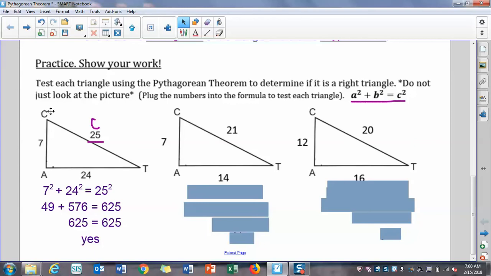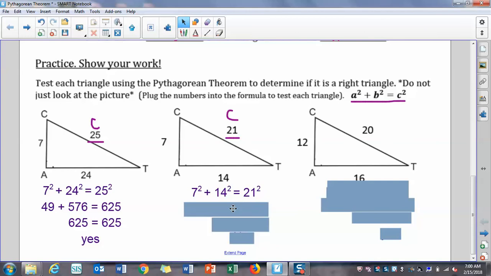Now let's look at the next triangle. We see here that we have 7, 14, and 21. Looking again, the longest side of the triangle is our hypotenuse, or c. So we want to set up our equation with each leg, remember, the two shorter sides, so 7 squared plus 14 squared, and see if that's equal to 21 squared.